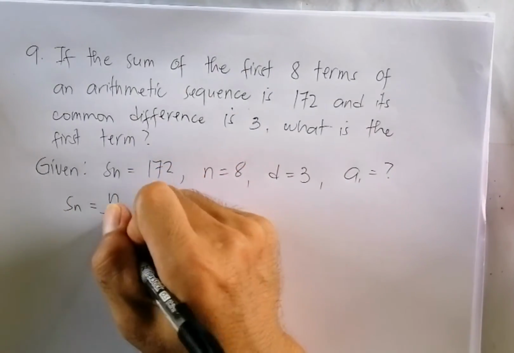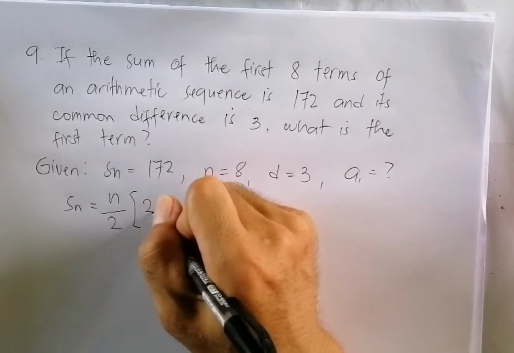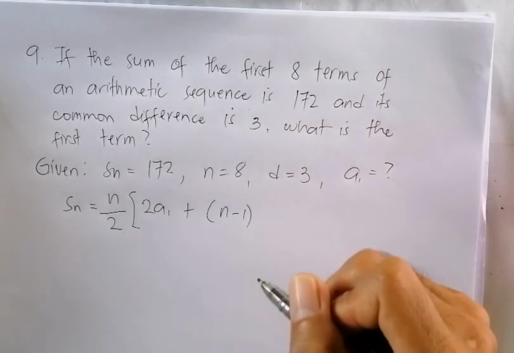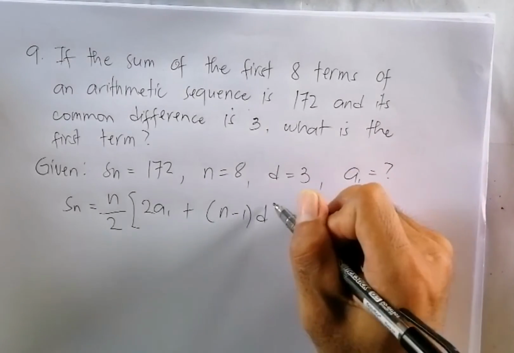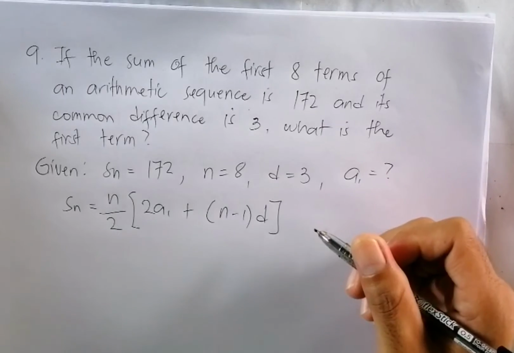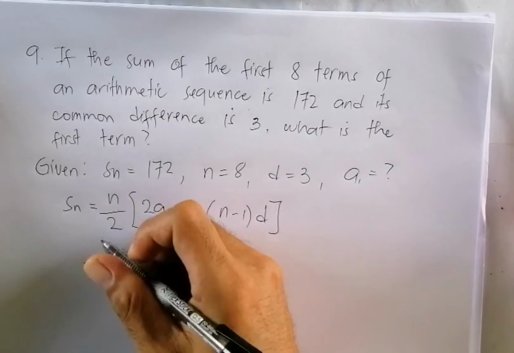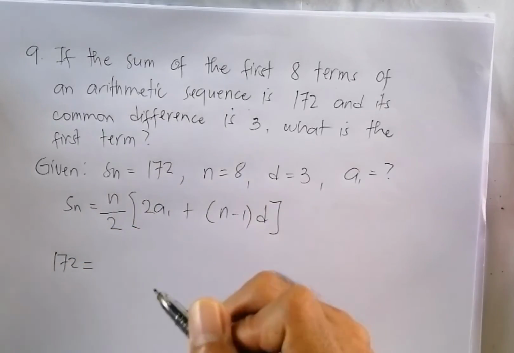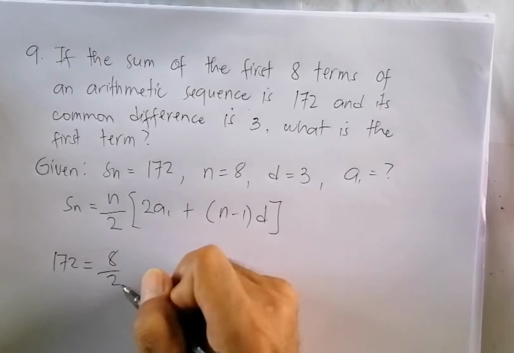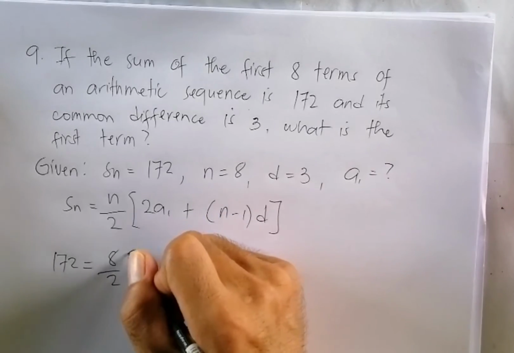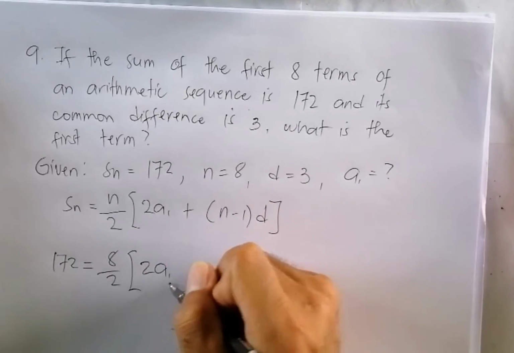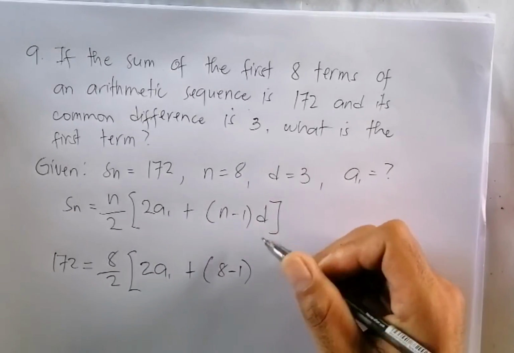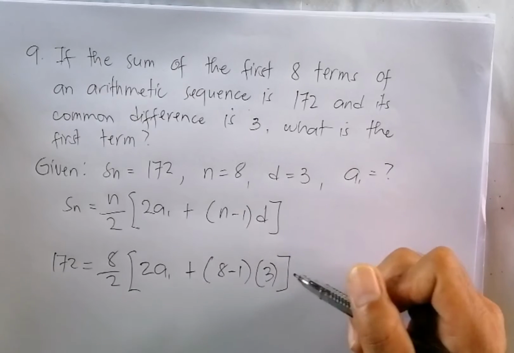So by using this formula, S sub n equals n over 2 times open bracket 2 times the first term plus the quantity of n minus 1 times common difference. Then substitute the value of S sub n, which is 172. Then n is 8, then 2 times A sub 1 plus, so n is 8 minus 1, then difference is 3.